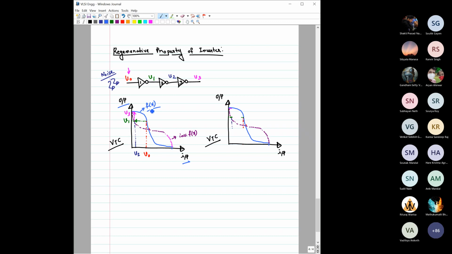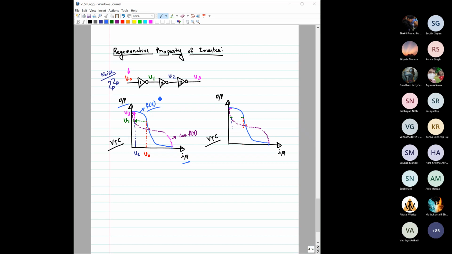As I have written, I represented that function using f of x. Now, what will be the VTC of gate number 2? Same. It will be the same. What will it be for gate 3? Same, no change, because they are identical.